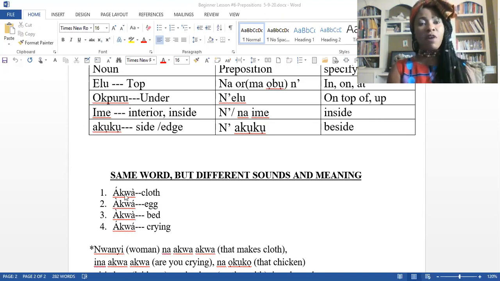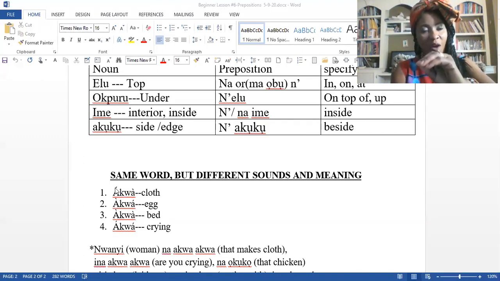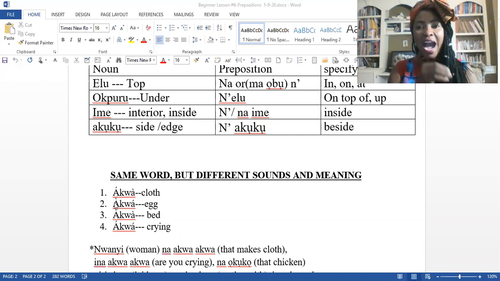So now the first one says akwa, which is clothes. You see the tone mark there, akwa, clothes. Then the second one, akwa, egg.